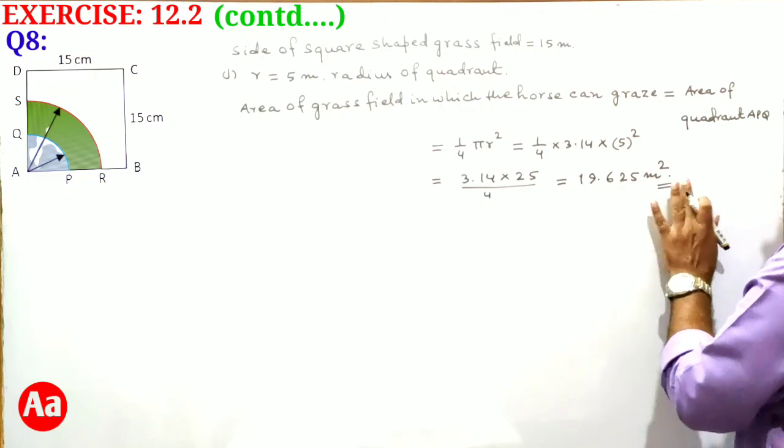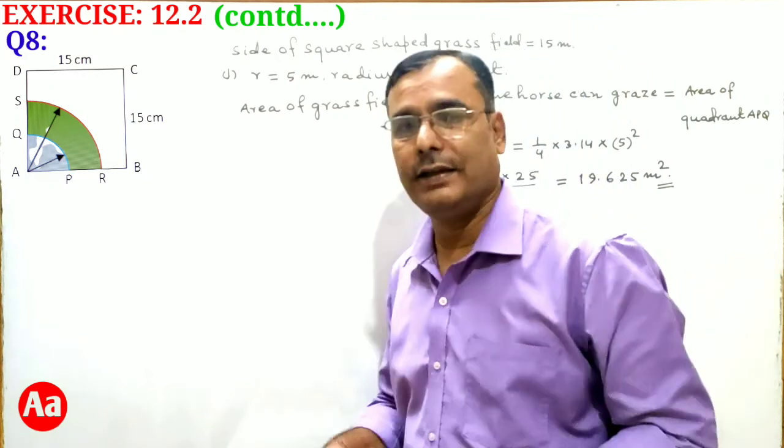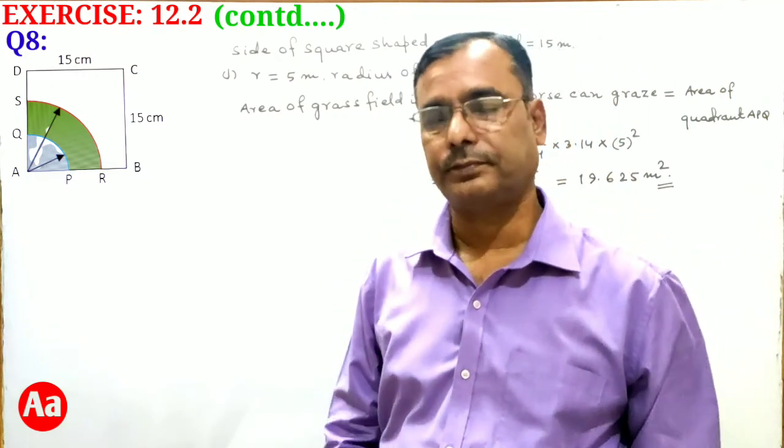So in first part, this is the area of the grass field in which the horse can graze, tying up with a 5 meter long rope.